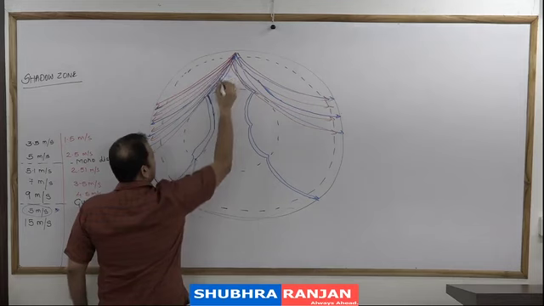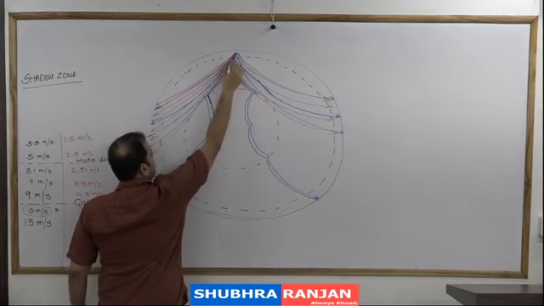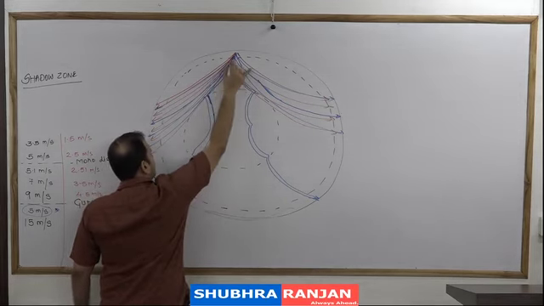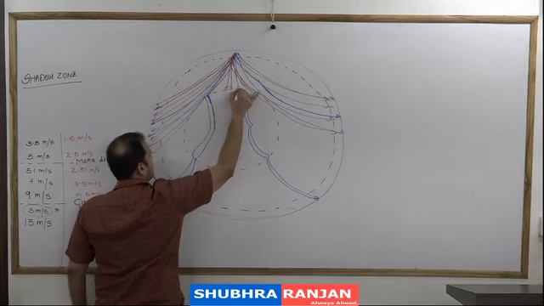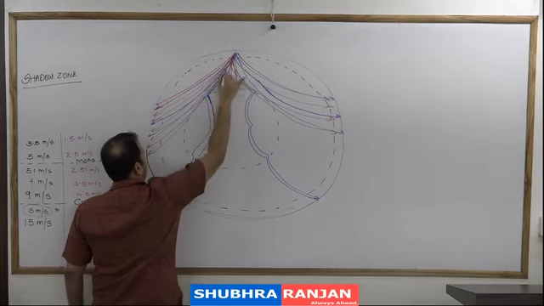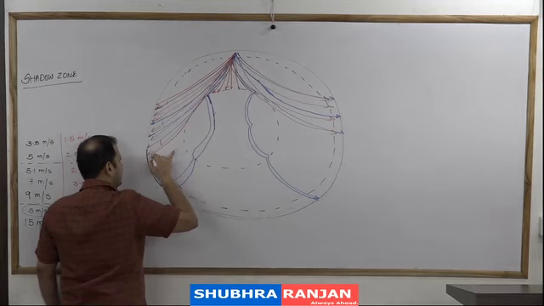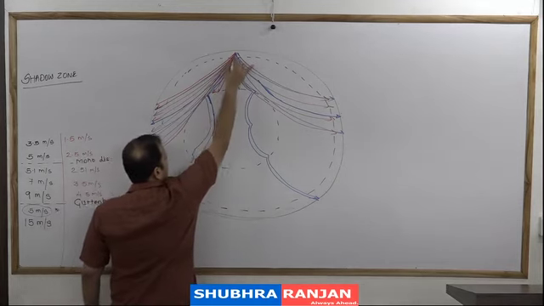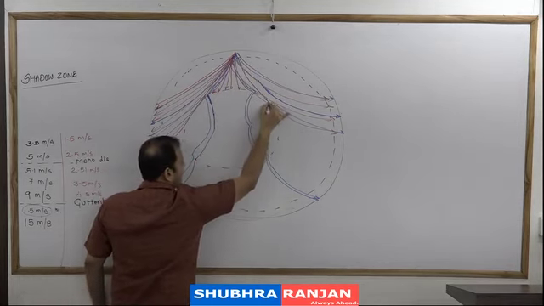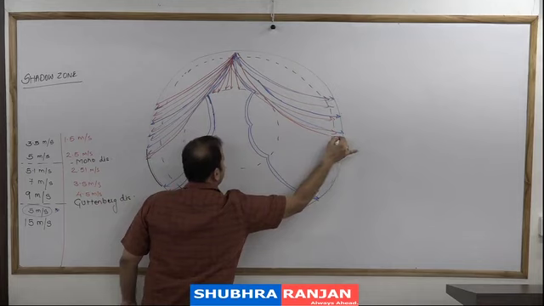surprisingly, after this boundary line, whatever S waves there were, they could not pass through the core. And the last S wave that was recorded was at the boundary line of this black color.